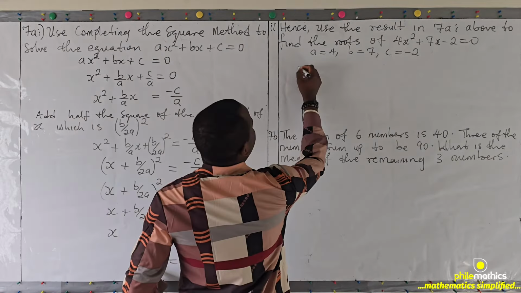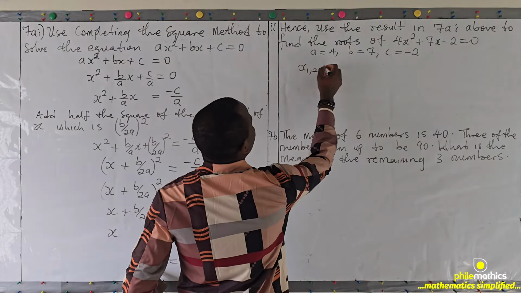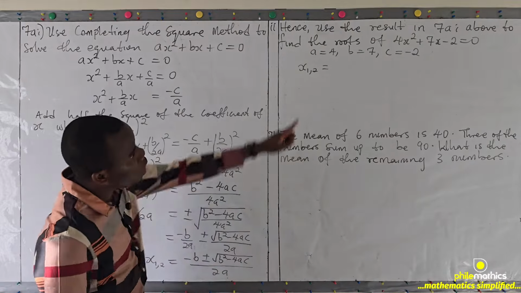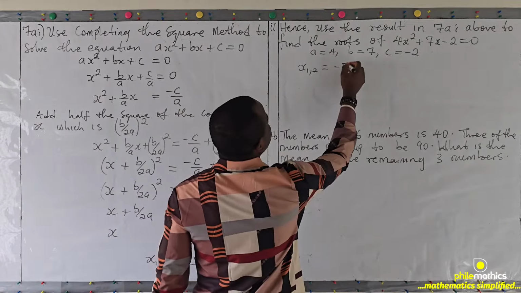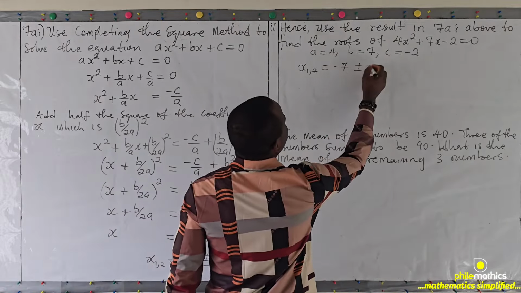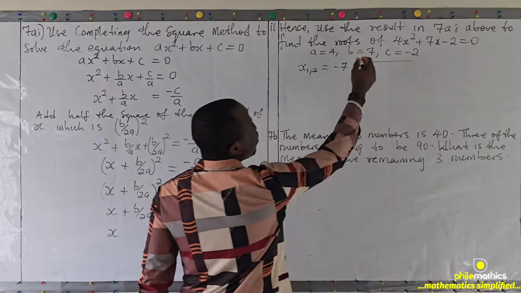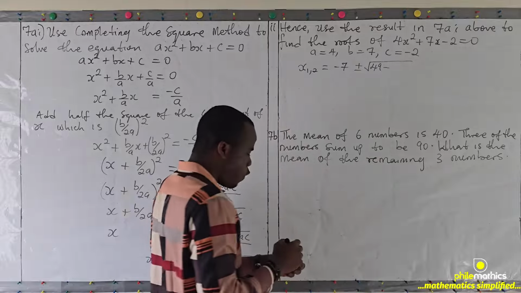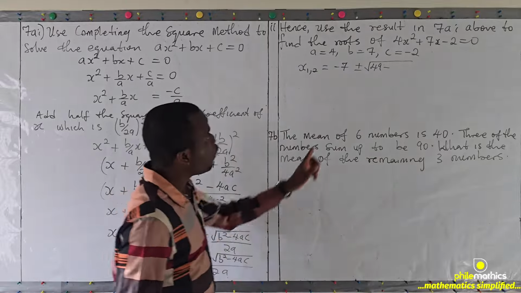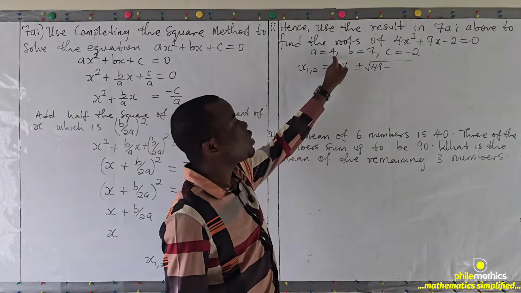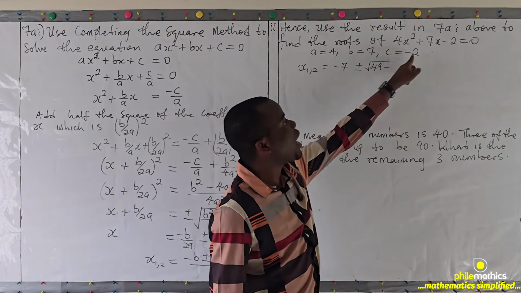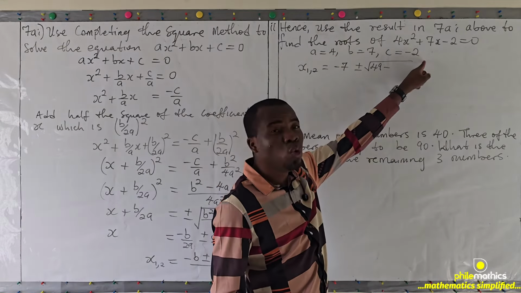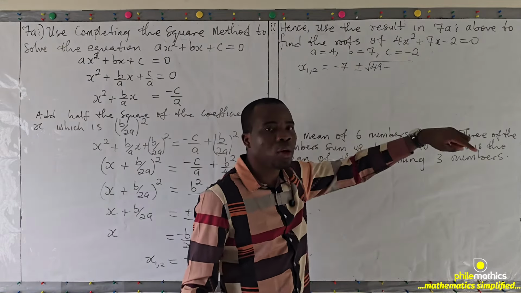So x1,2 will be minus b, our b is 7, minus 7 plus or minus square root of b square. 7 square is 49 minus 4ac. 4 times a. 4 times 4 is 16 times minus 2 is minus 32.